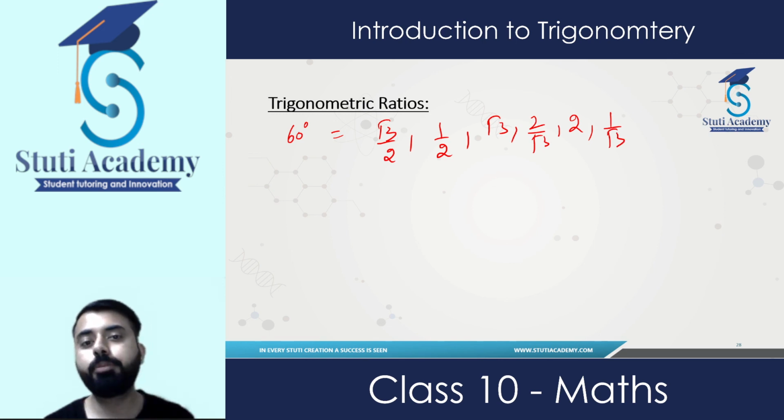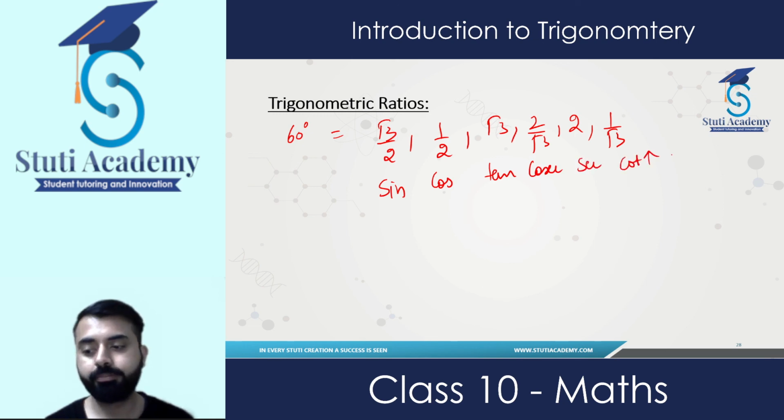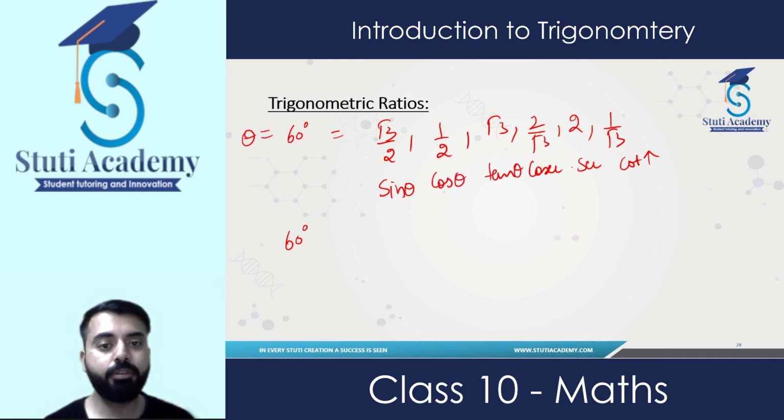Because the values will be inverted, this will be your sine, this will be your cos, this will be your tan, this will be your cosecant, this will be your secant, and this will be your cot. Right? And when the angle is 60, let's say this is theta. When theta is 60, sine theta will be this, cos theta will be this, tan theta will be this, cosecant theta will be that, secant theta will be that, cot theta will be that.